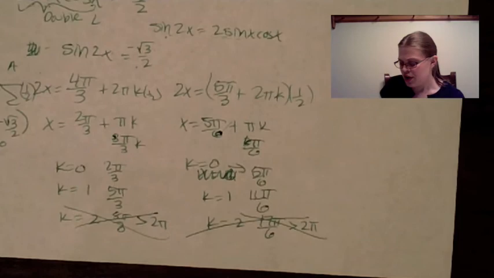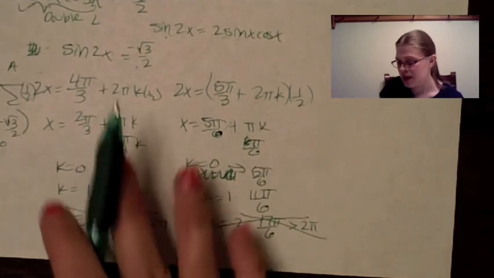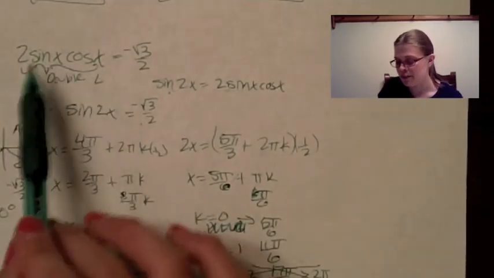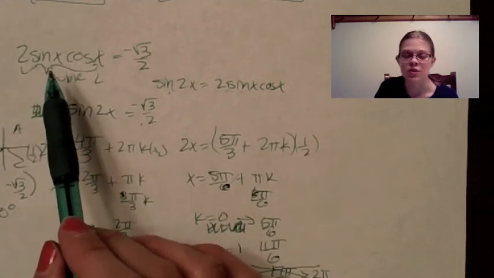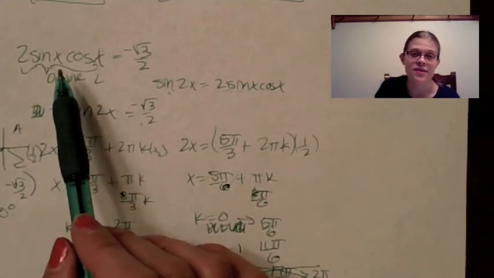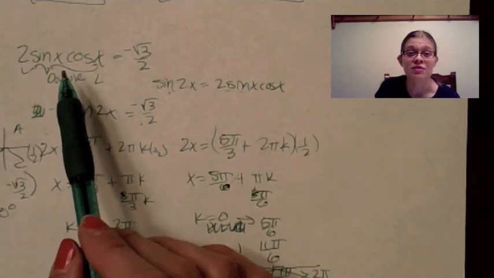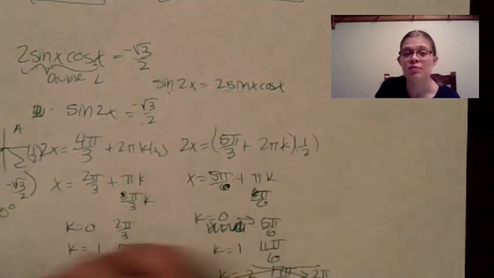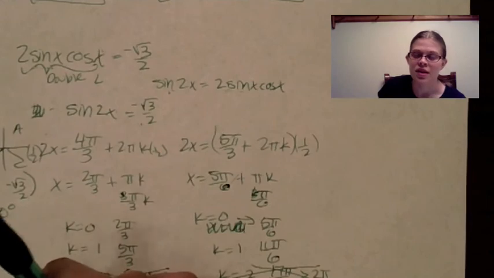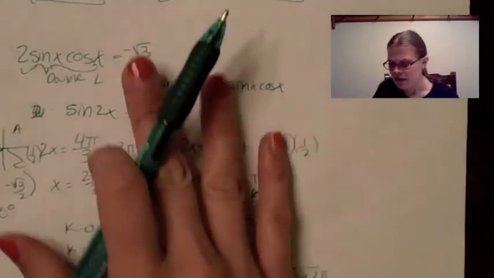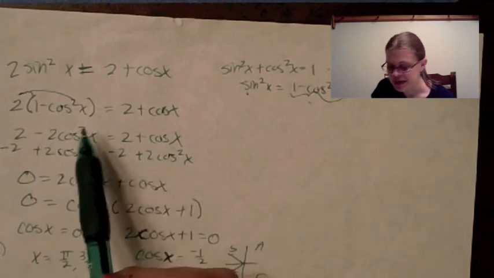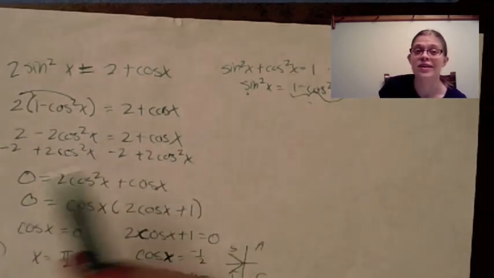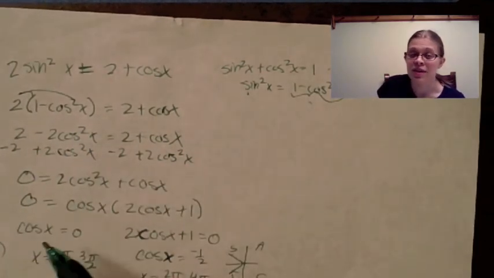So the only other way to do ones like these is to use an identity. You can use your Pythagorean identities, and then factor. If you're factoring anything, make sure you get everything on one side, and then factor. If you ever have a setup where you have some on one side and some on the other, put everything on one side and factor, rather than divide by something.